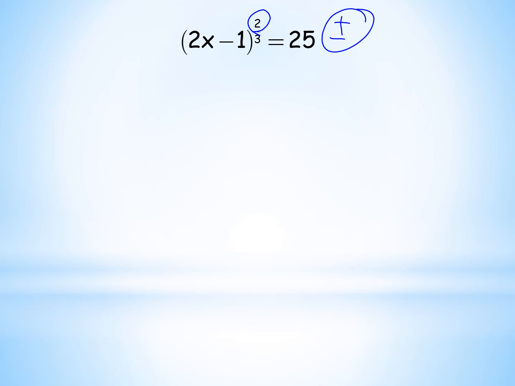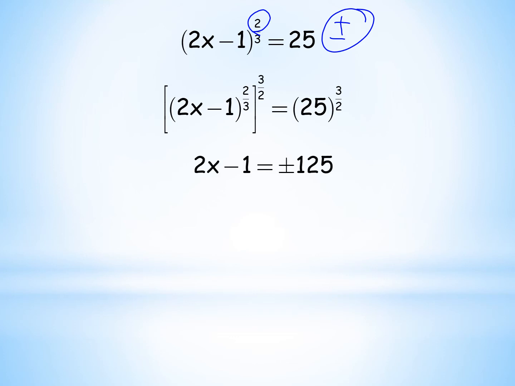So you're going to have to remember that you're going to have plus or minus in your answer. So sometimes in the very beginning of the problem, when I see there's a 2 in the numerator, I'll write this plus or minus in here so that I don't forget to put it on when I'm solving the problem. So you're going to raise both sides to the 3 over 2, the reciprocal of 2/3. And so now what you're really doing is you're taking the square root of 25 and then raising that to the 3rd. So that's why you're going to need to have that plus or minus, because you're square rooting it in an equation.